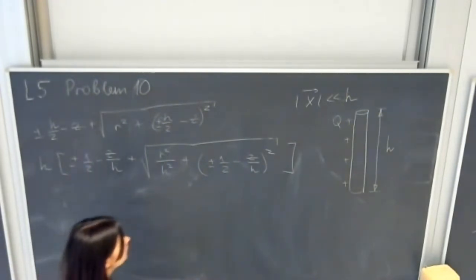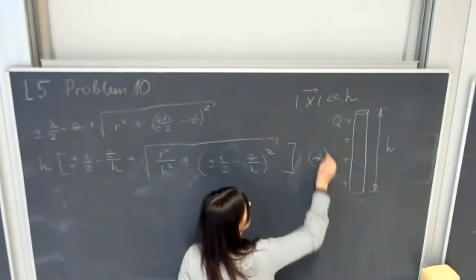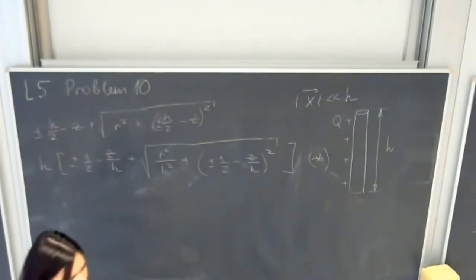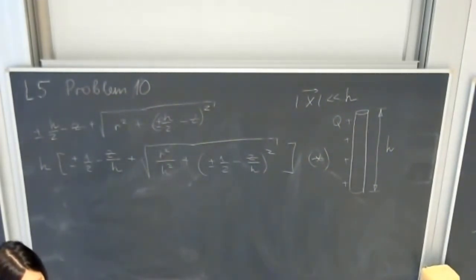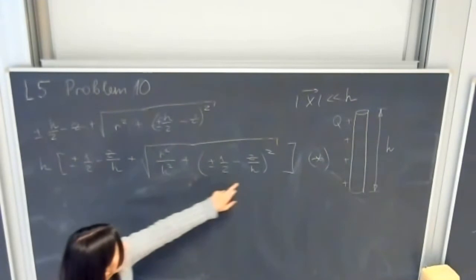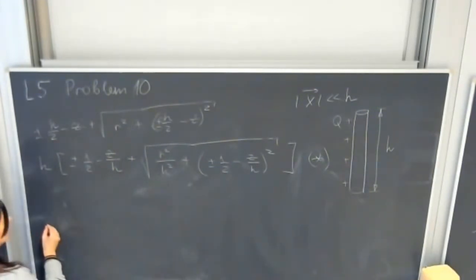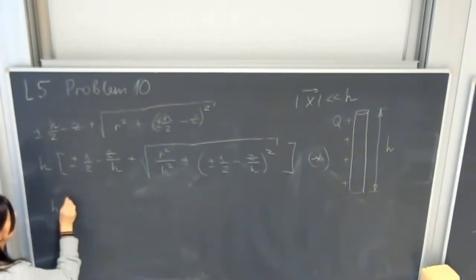So let's remember this equation. Let's mark it. And now we assume that this and this are very small. So let's try.